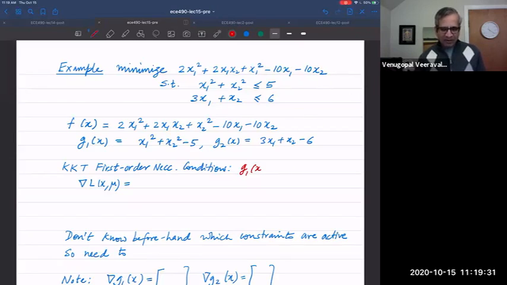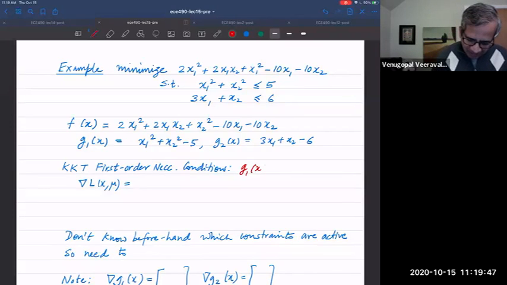We'll call those solutions x star. I know when we talk about the KKT theorem we put stars throughout, but it gets a little cumbersome, so I'm going to drop the stars until the end on the x.